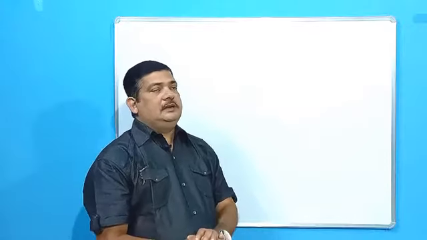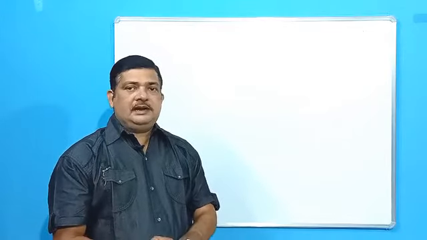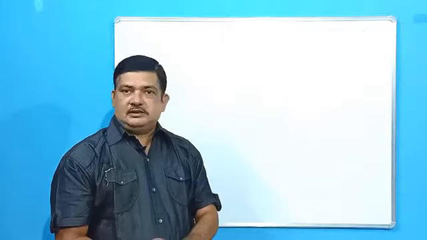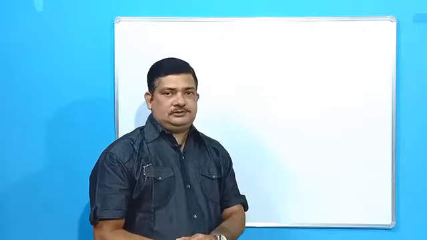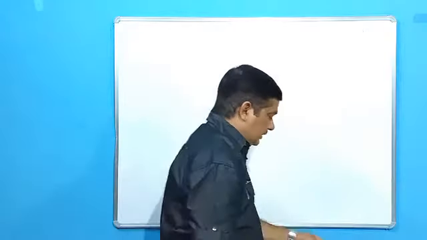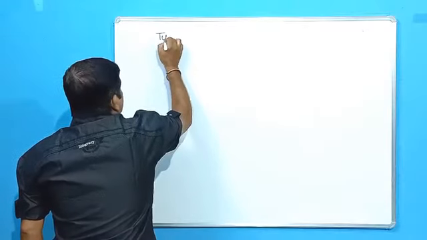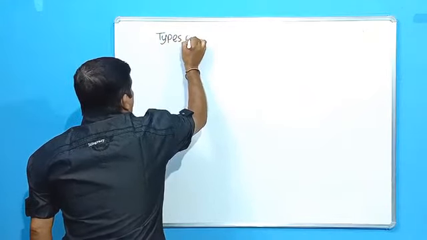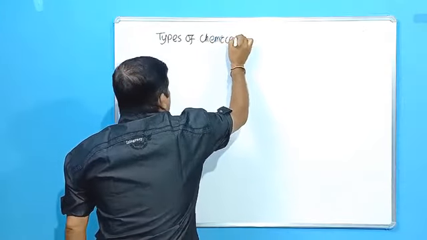So next, students, we will have an idea regarding types of chemical reactions. You have already read it earlier during your 9th or 10th class, I think. So we will only recollect those memories because it is required here. So next, types of chemical reactions. Brief discussion regarding types of chemical reactions.